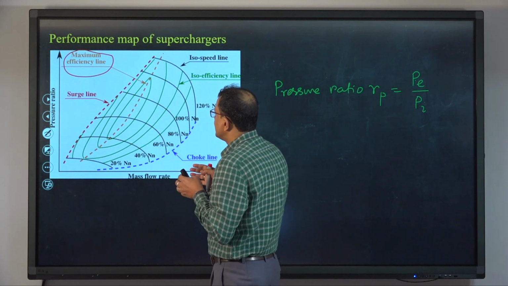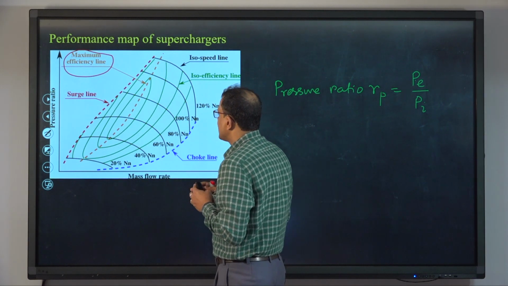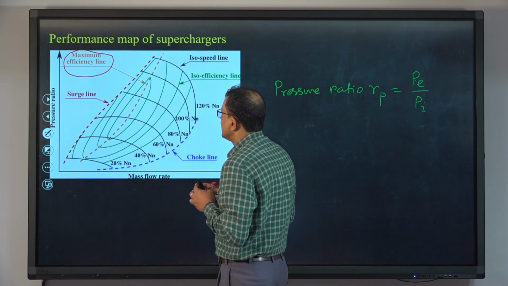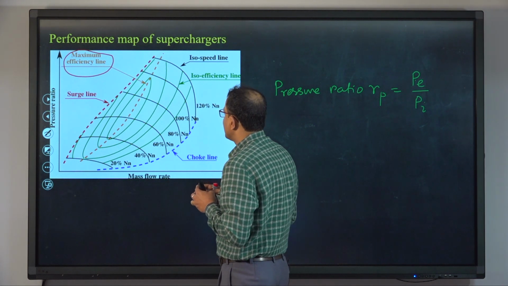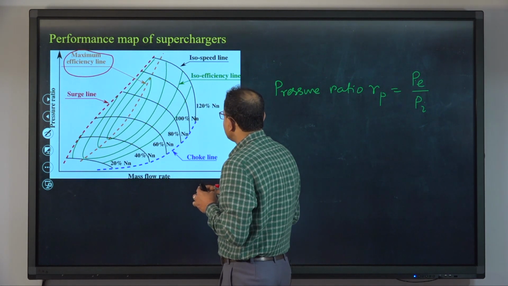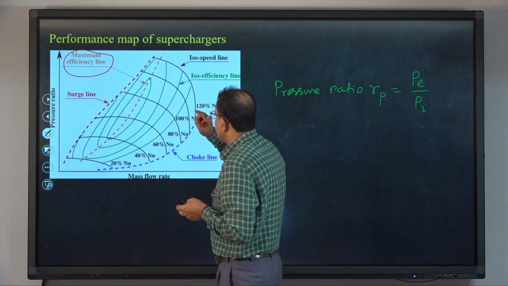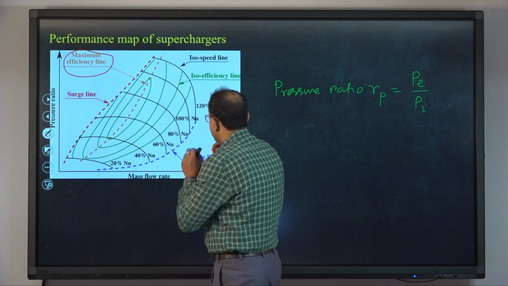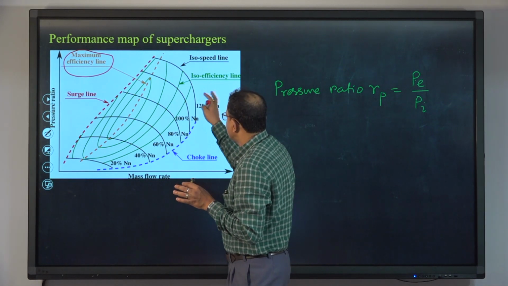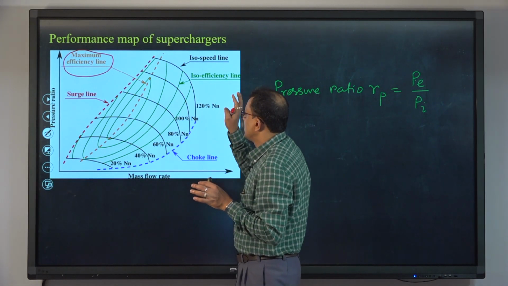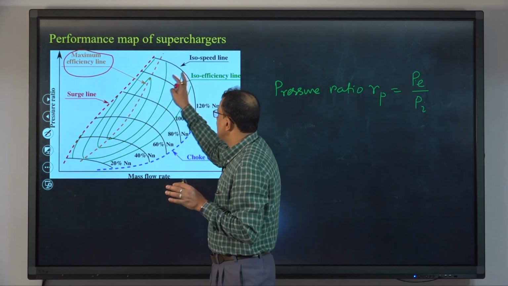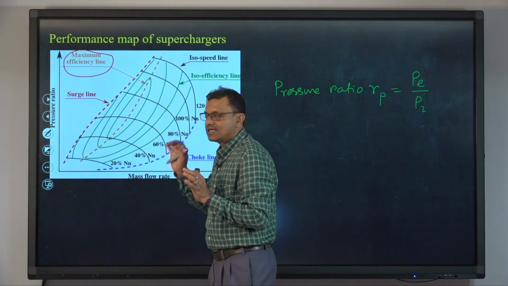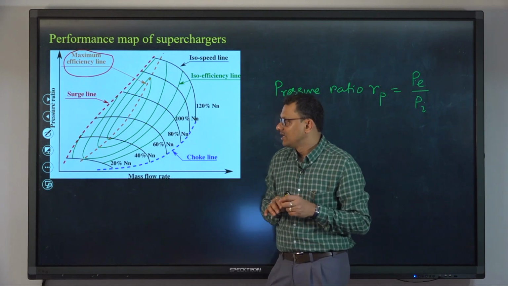In addition to these two different lines, that is the maximum efficiency line and iso-efficiency lines, iso speed lines are also depicted in this map.